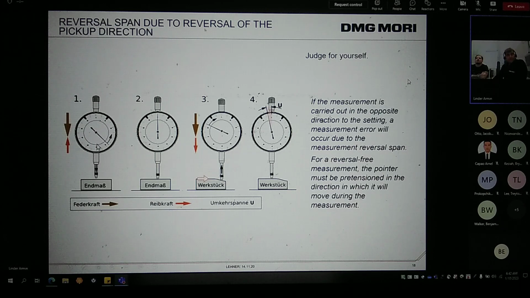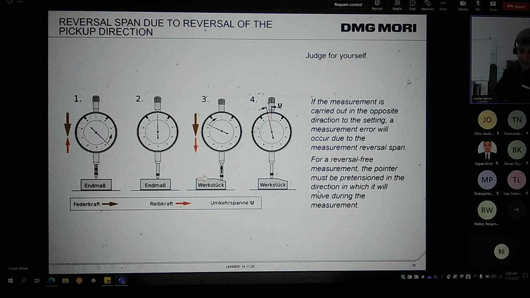If you have point measurements, you have friction, or draft measurement, so that you have the friction force. In that case, you have the spring force, and then you have the backlash. We call it U in this example.